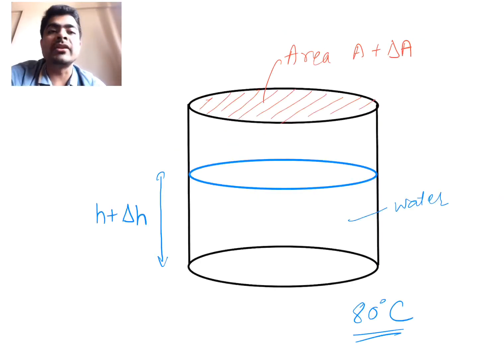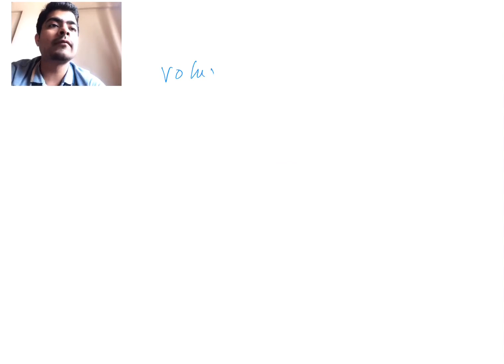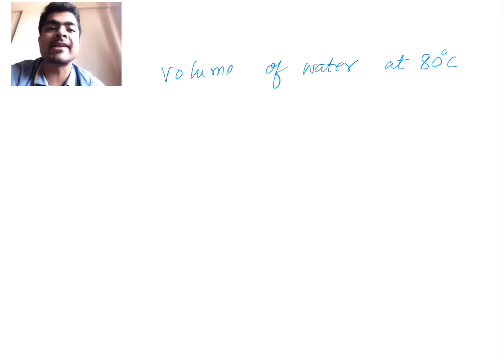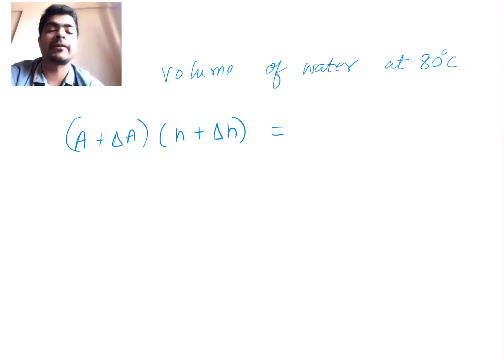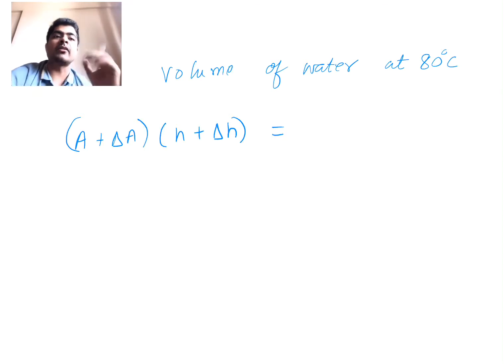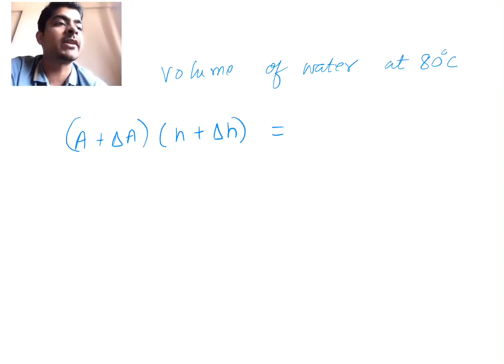Because of this new area and new height, what will the volume of water at 80 degrees Celsius be? New area, A plus delta A, into new height, H plus delta H. But water itself will also expand, because water has a coefficient of volume expansion.